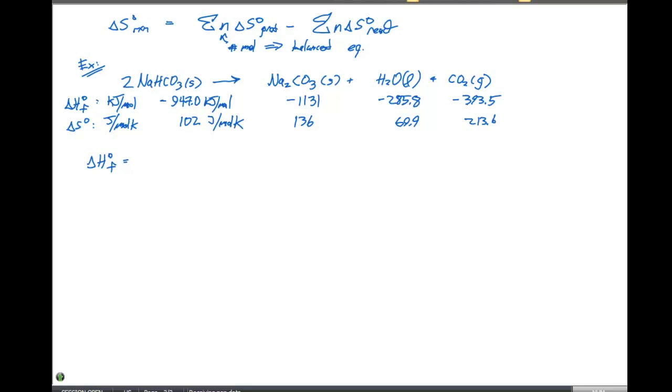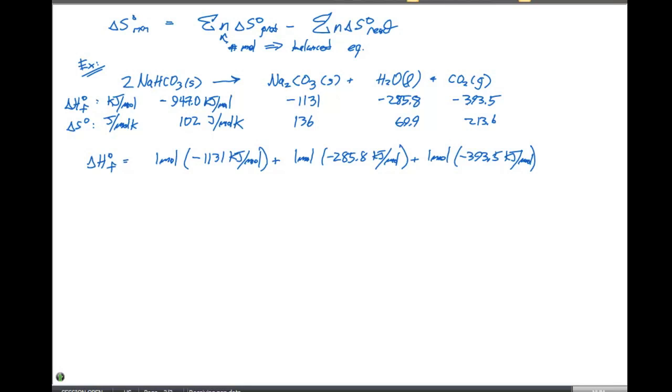So we're going to have, in terms of our products, 1 mole times negative 1131 kilojoules per mole plus 1 mole times negative 285.8 kilojoules per mole plus 1 mole times negative 393.5 kilojoules per mole.